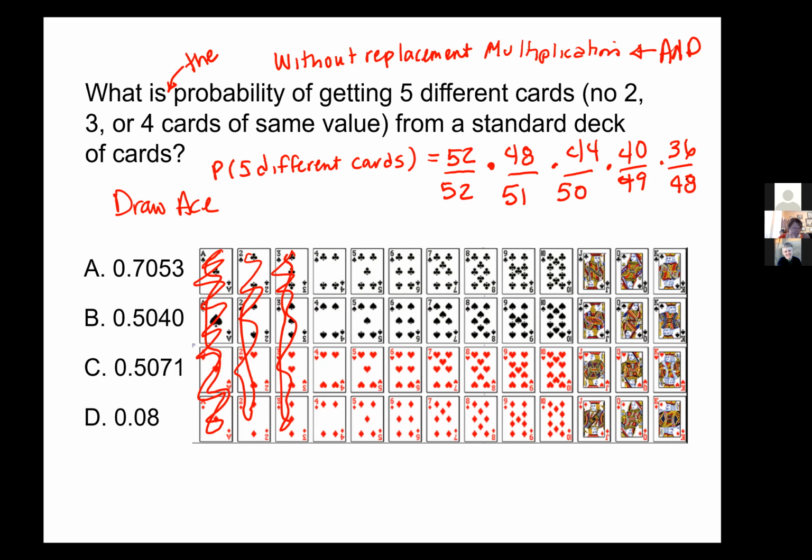And my handy dandy calculator says that this is 2,102 over 4165, or approximately, that's the one, right? The calculator's going to do this again. 52 times 48 times 44 times 40 times 36.